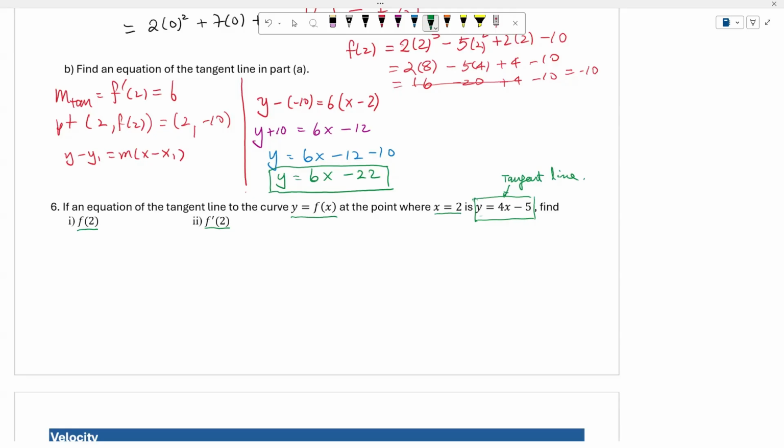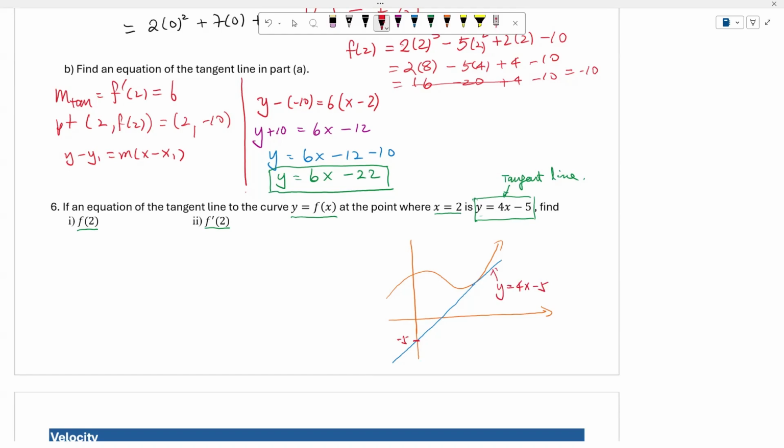Okay, so let us think about this problem here. Consider that we have a function. And then we have a tangent line, which in this case is y equal to 4x minus 5.